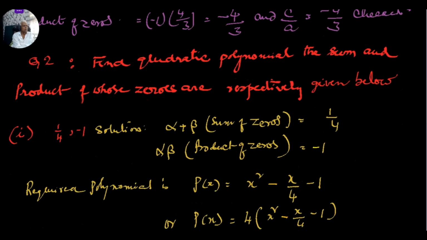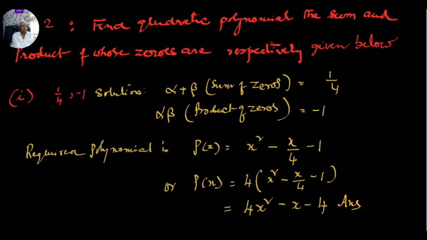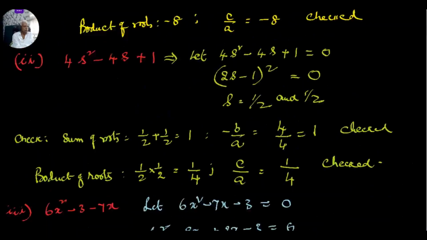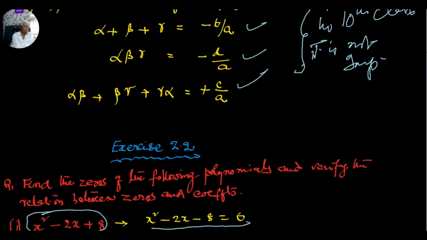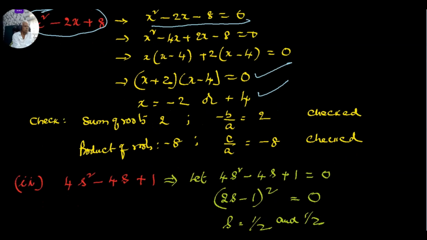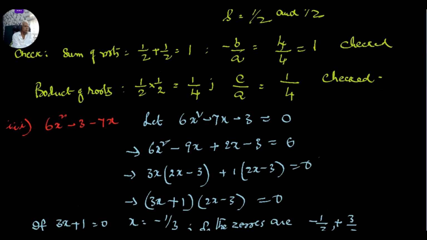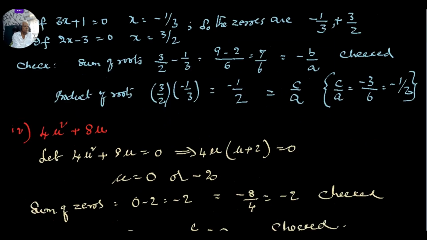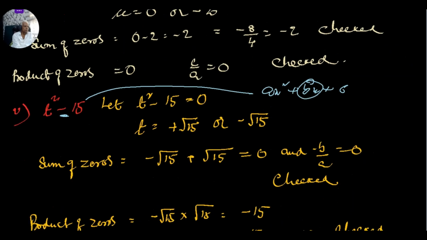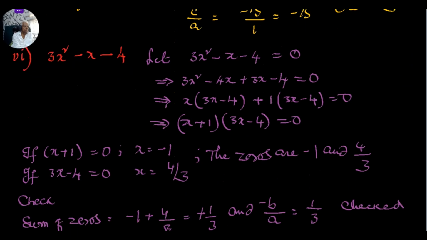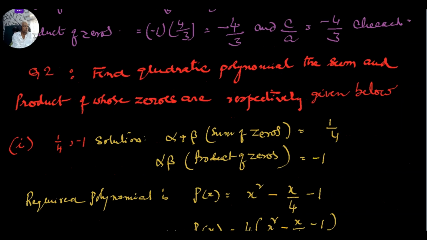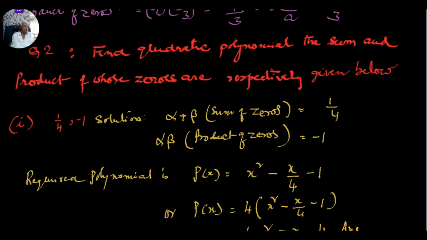Next, question number 2. Find the quadratic polynomial, the sum and product of whose zeros are respectively given below. I will just take them very slowly so that you can copy, you can pause and copy.